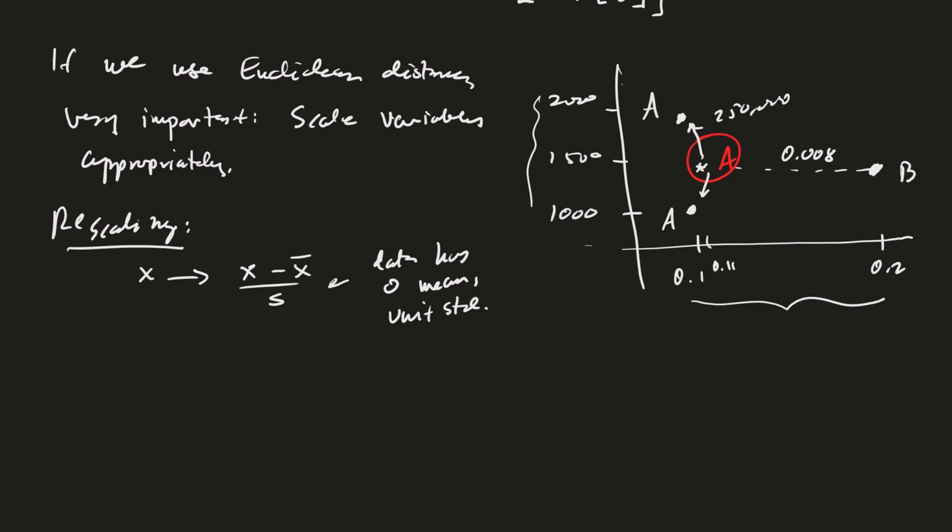Another possibility, though, is to take x and then scale it so all data is in the interval from 0 to 1. So how would we do that? Let's see, x minus the min of the data divided by max minus min.